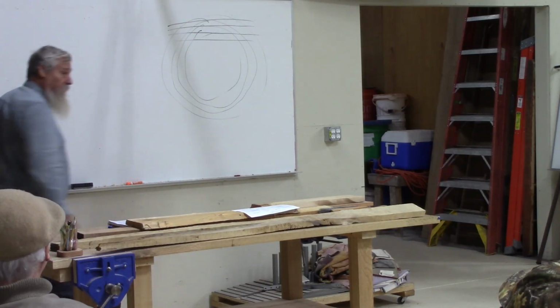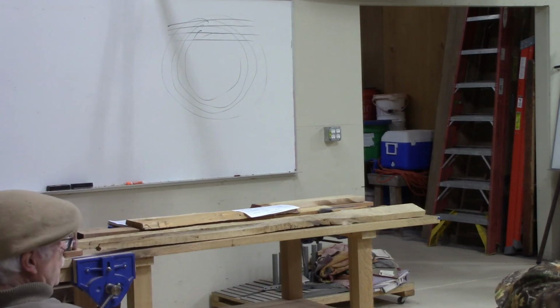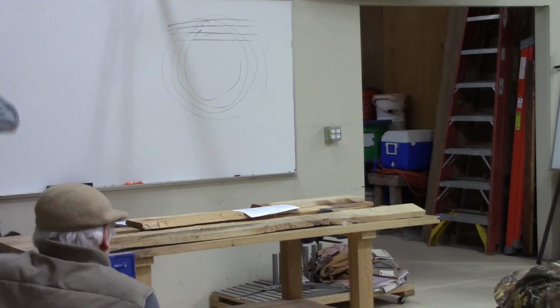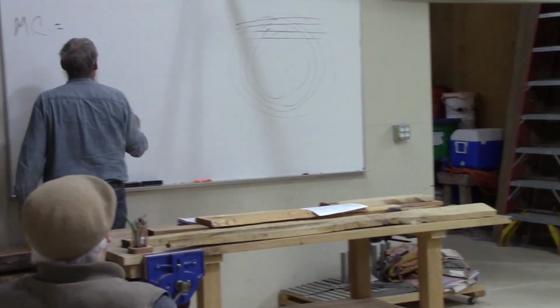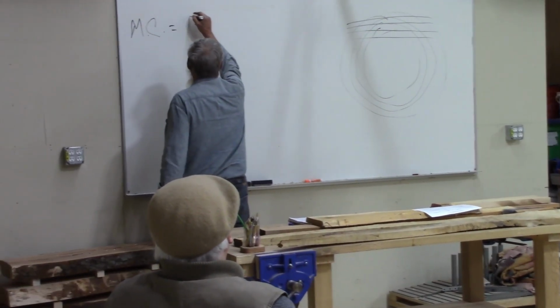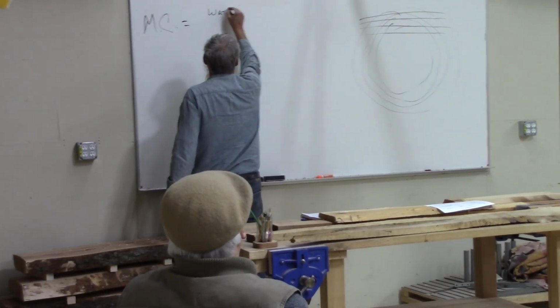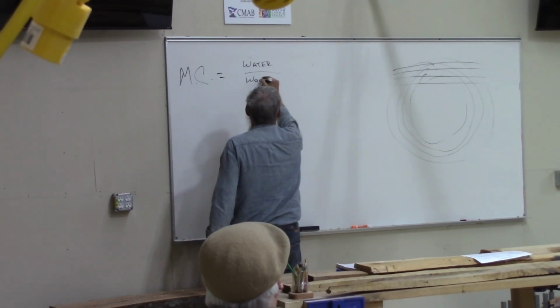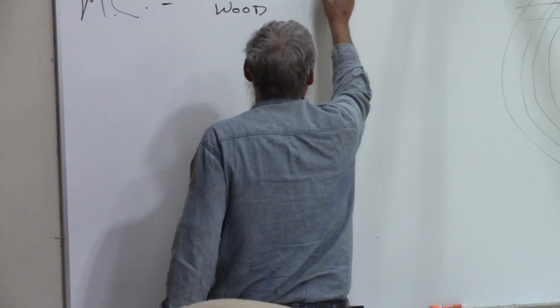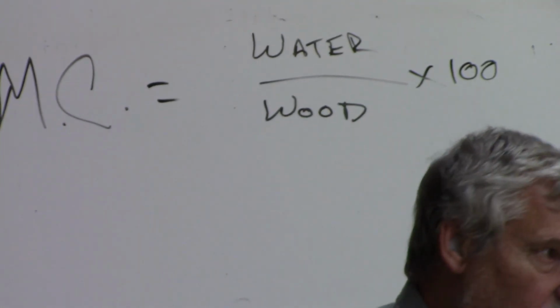Okay, what's the formula for moisture content? So moisture content is equal to the weight of water divided by the weight of wood, times 100 to get your percent. You made it sound so complicated.